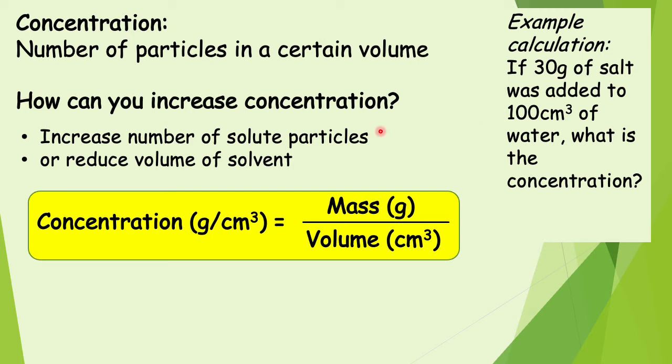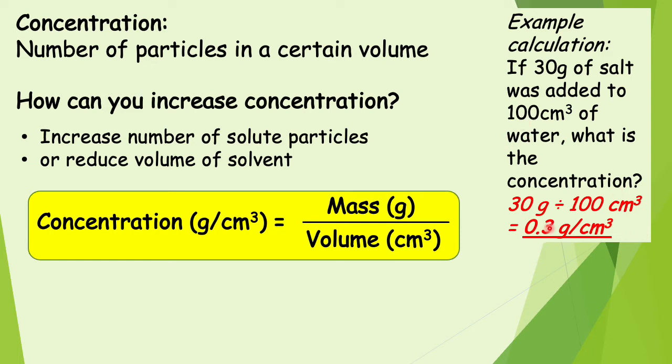To lay out our calculation and to show all of our working, which is really, really important in every calculation, please show all of your working. So we've got 30 grams, which is our mass of salt, divided by 100 centimetres cubed of water.